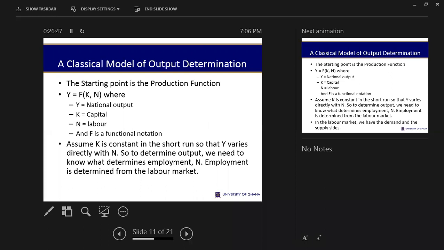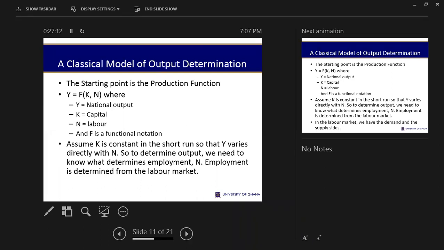And there's a positive relationship between the two. Whenever there's an increase in labor, then there's supposed to be an increase in national output, and vice versa. If there's a decrease, then so if you want to determine your Y, then you need to determine your N.